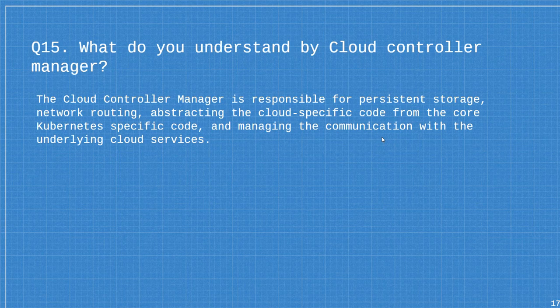It acts as a gateway for the Kubernetes cluster to communicate with the cloud, and it acts as an abstraction of cloud-specific code from the Kubernetes code, and manages the communication also. And if you want a load balancer service, the load balancer is an object or service of the cloud.